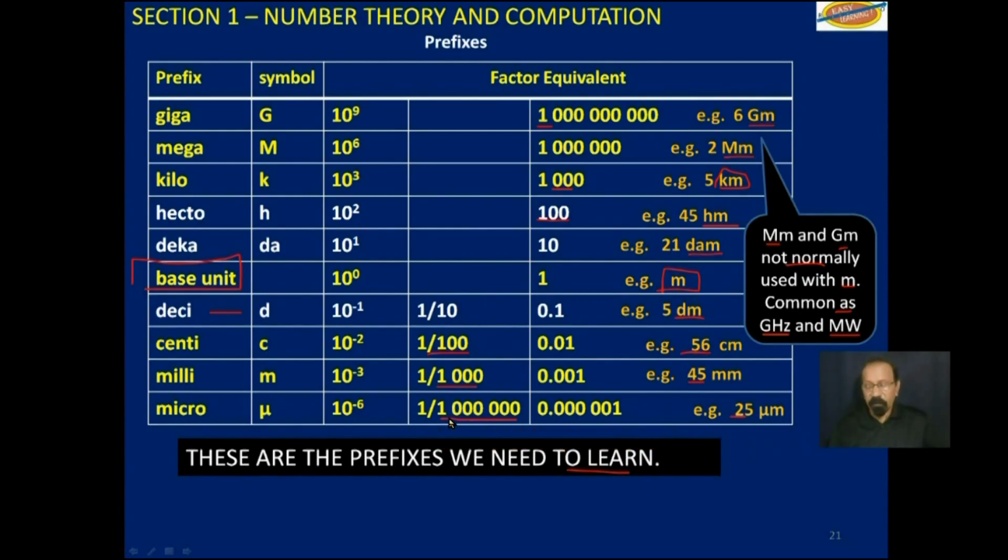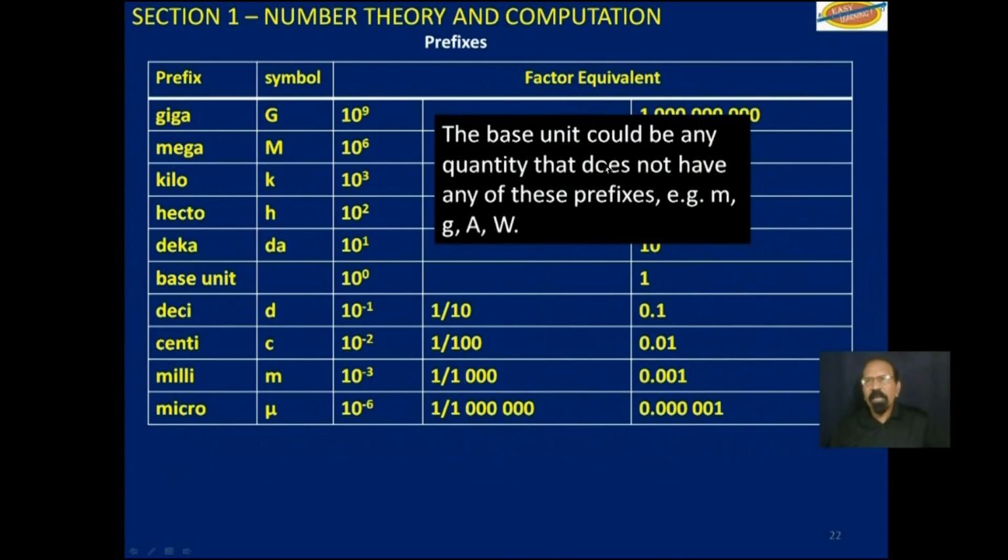So you have to learn these. The base unit could be any quantity that does not have these prefixes in front of them. So if you are dealing with meter, that's a base quantity. If you are dealing with gram, that's a base quantity. Amperes, base quantity. Watts, base quantity. But from the time you start dealing with megawatts and gigawatts, then those are multiples of the base quantity.